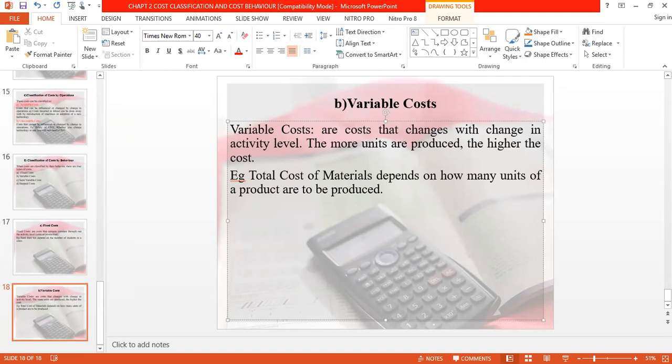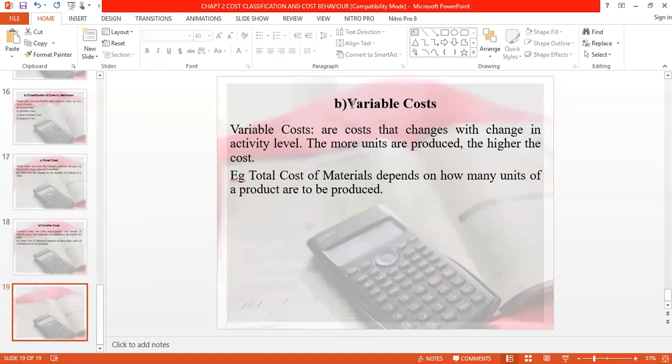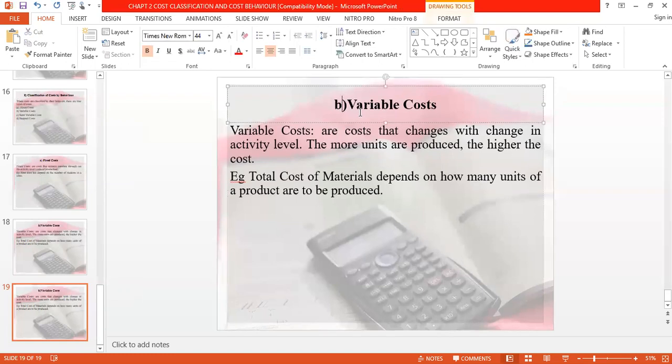So total cost of materials depends on how many units of a product are to be produced. That is an example of a variable cost. Number C, there is semi-variable. Sometimes it's called semi-fixed.